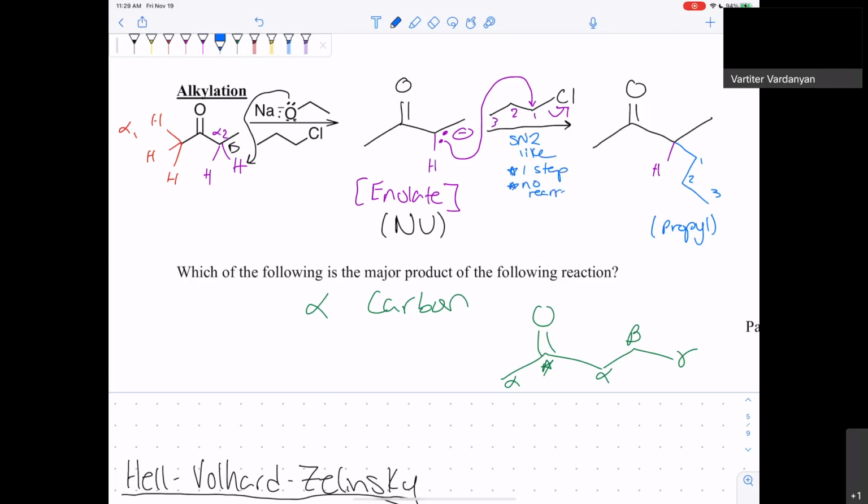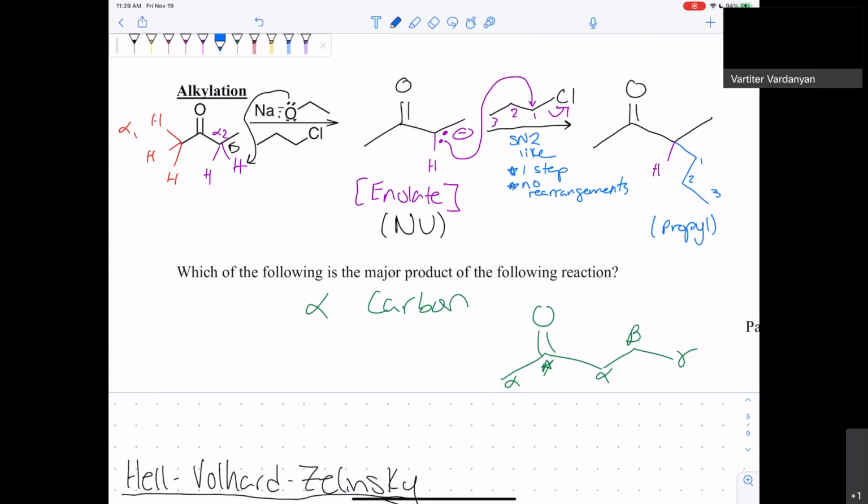No reaction. Yes. It could happen again, but it's not as favorable as the halogenation reaction. The reason is we added an electron donating group.